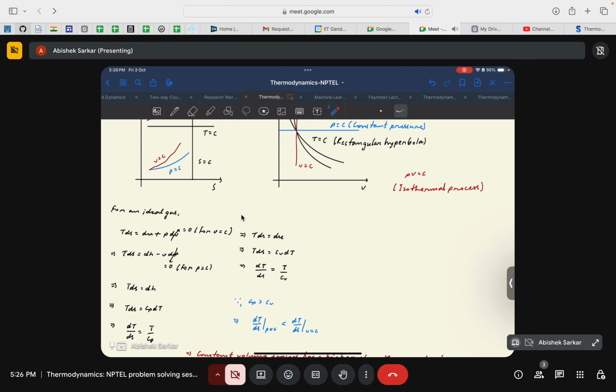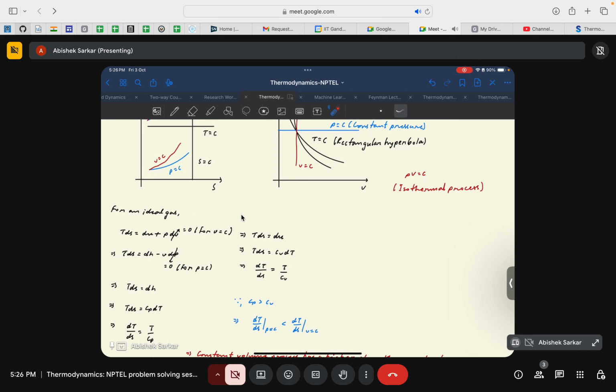Now, for simplified conditions, we can consider this to be a perfect gas, or a calorically perfect gas, where the specific heat at constant pressure remains constant. It does not vary with temperature.